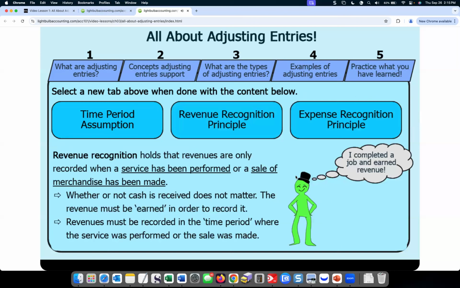So the first thing we want to do with these adjustments is we've got some revenues that haven't been recognized. And when I mean recognized, they haven't been put in the accounting records. All right, we have some revenues we haven't recognized, and we got to make sure that we get them journalized, and now they're in the system, and we can make sure that they're part of our balances.